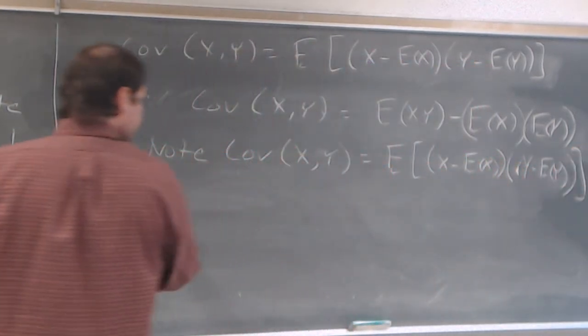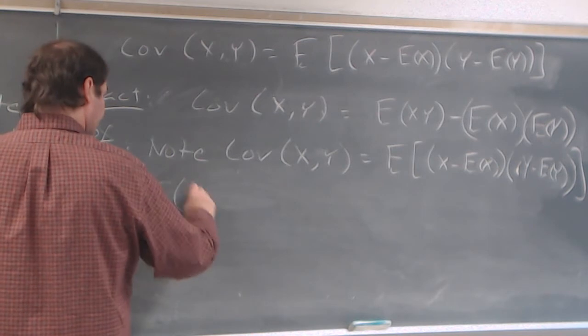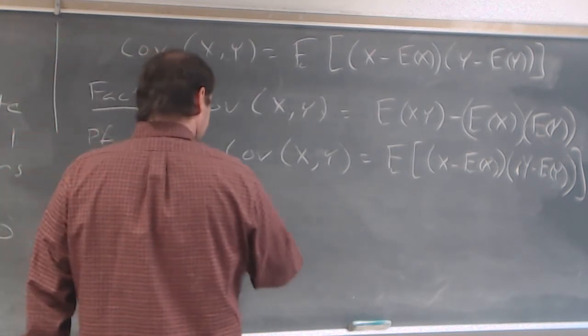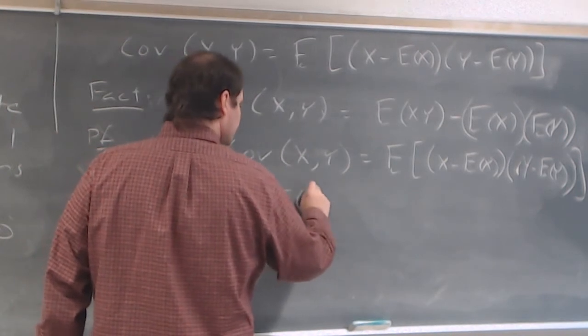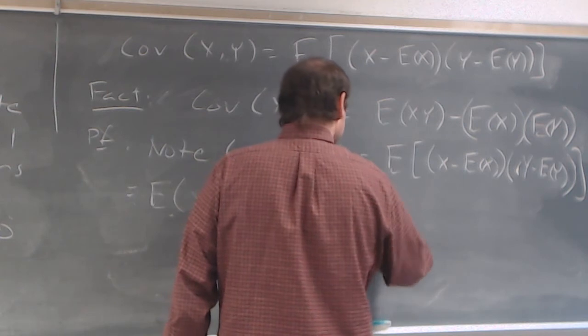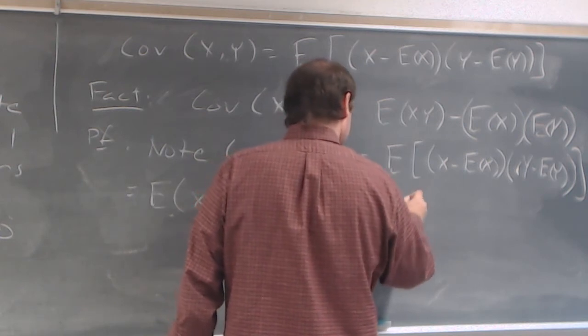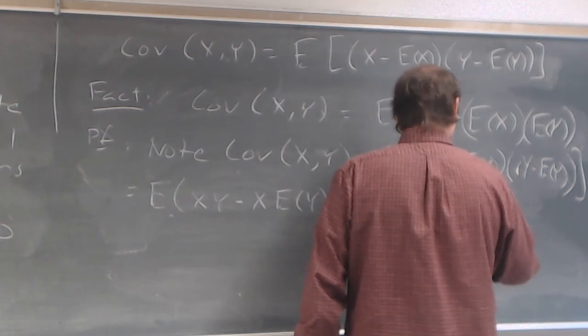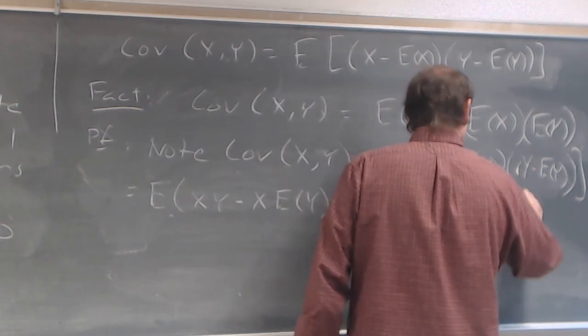And that's equal to, if we multiply this out, the expected value of x y minus x times the expected value of y minus y times the expected value of x. And then finally we have plus the expected value of x times the expected value of y.